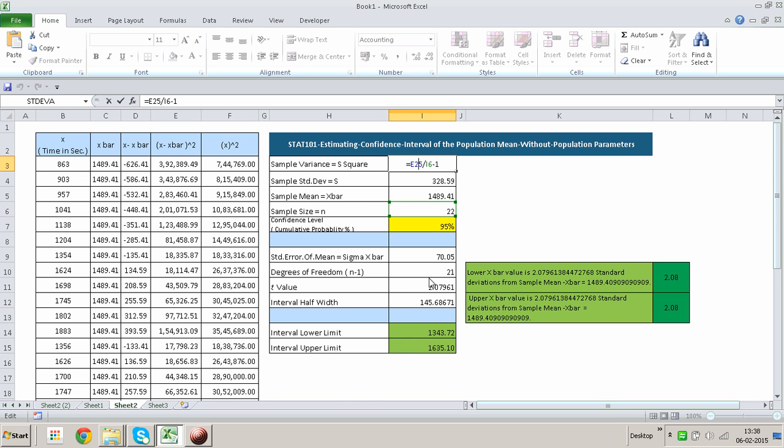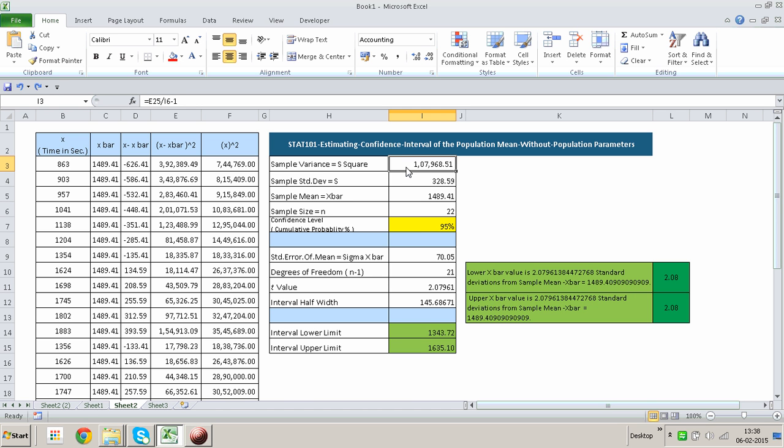So I have not gone ahead and done degrees of freedom directly over here in the formula. Let me do that. One second. Let me check if the formula is correct.